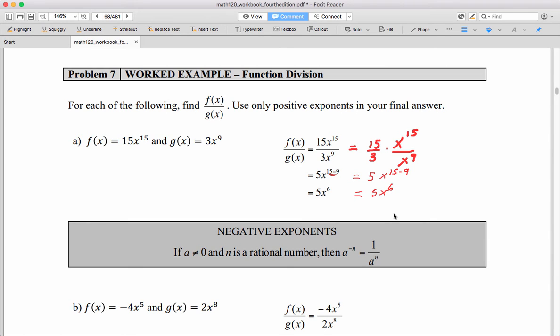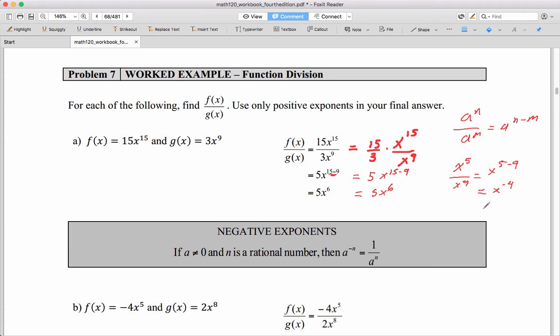One of the things that's interesting about this very cool property, in other words, the property that says a to the n over a to the m is equal to a to the n minus m, is that sometimes that leads to negative exponents. For example, if we'd given you x to the 5th divided by x to the 9th, then that would be x to the 5 minus 9, which ends up giving us x to the negative 4.